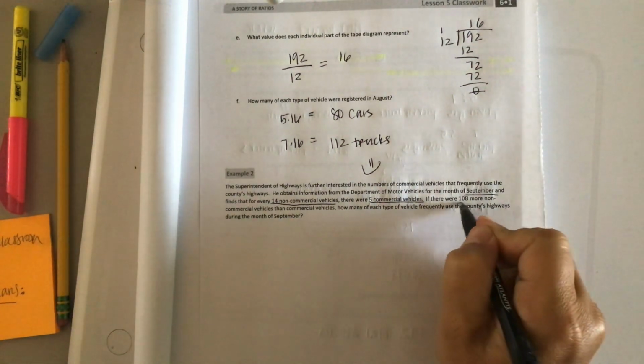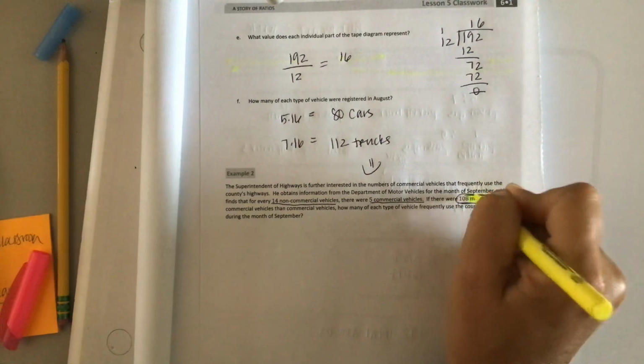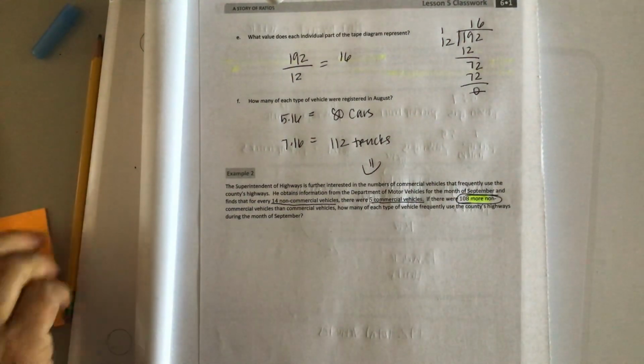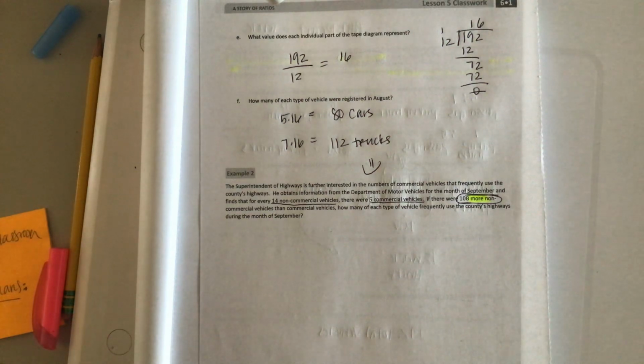If there's 108 more, oh, they're trying to trick you. We are not going to let them do that. More non-commercial vehicles than commercial vehicles. How many of each type of vehicle frequently use the county's highways during the month of September?